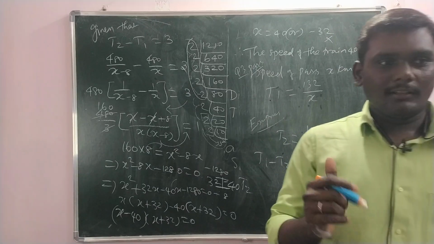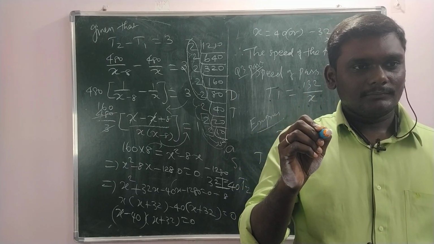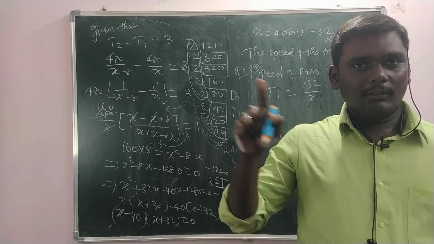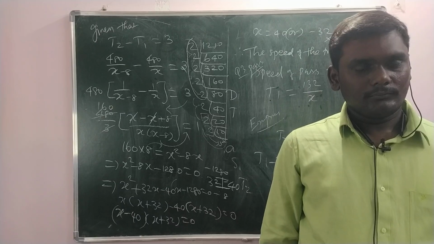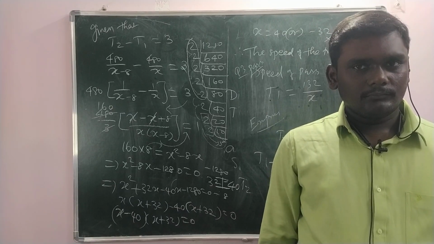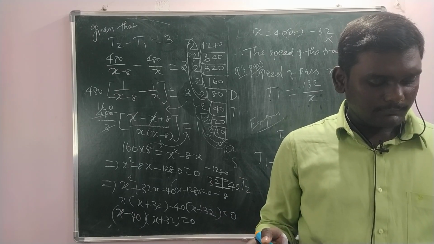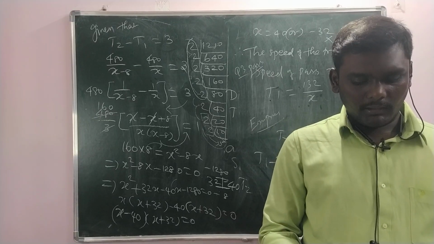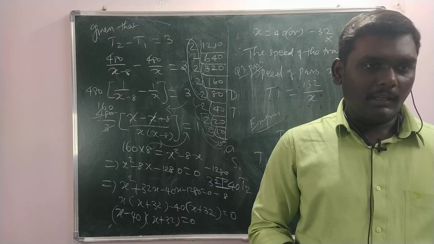Or else you think like that: usual time plus 30 minutes equals T2. Then is it T1 minus T2 or T2 minus T1? Yes, then do it like that. Form a quadratic equation and try solving it in the same manner.